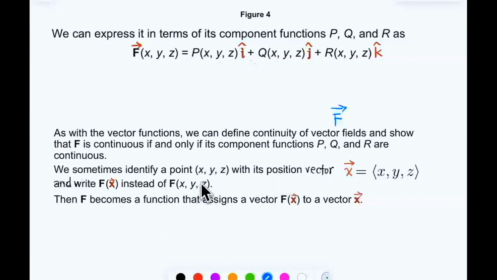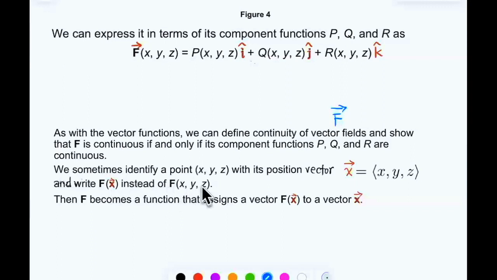So if I identify this point with the position vector, the vector function acting on this x, we can write it this way: the vector function acting on this position vector x bar.